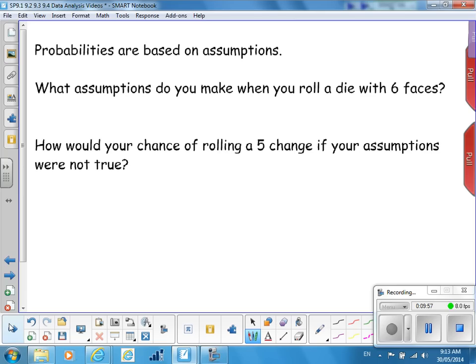Well, what if there wasn't a 5 on the die? Then your chance of rolling a 5 is 0. What if a 5 occurs on more than one side of the die? Well, then it might increase your chances of rolling a 5. What if it's a weighted die? So there's different things that would change if your assumptions were not true.